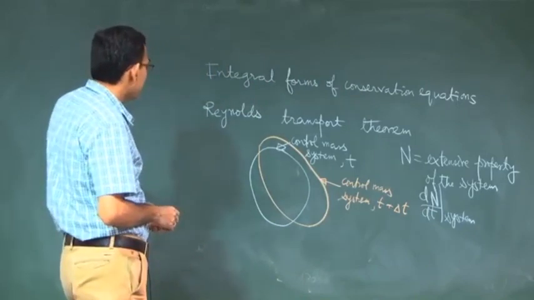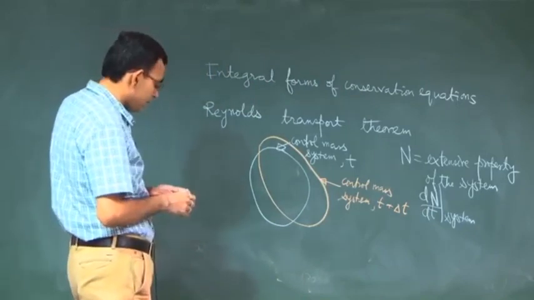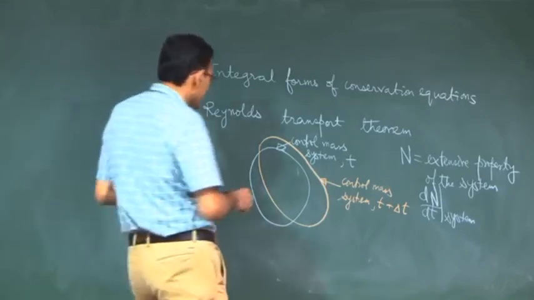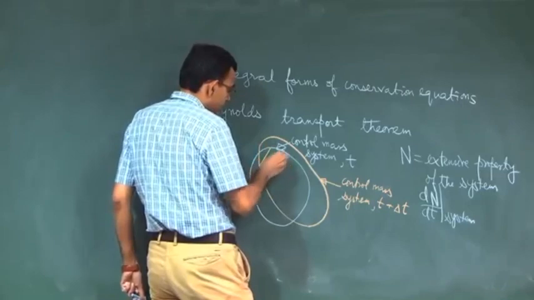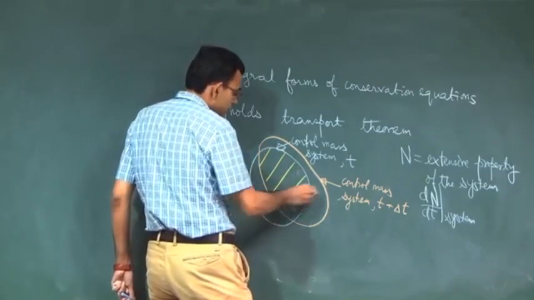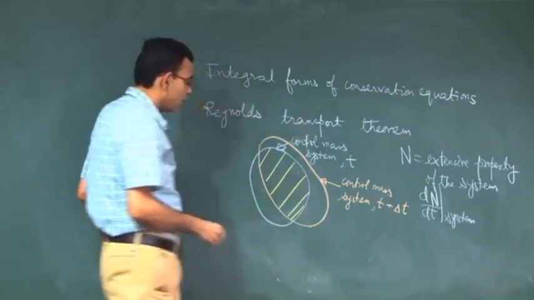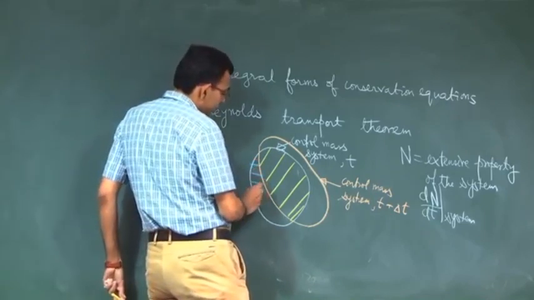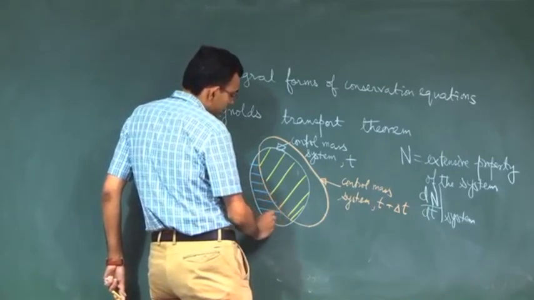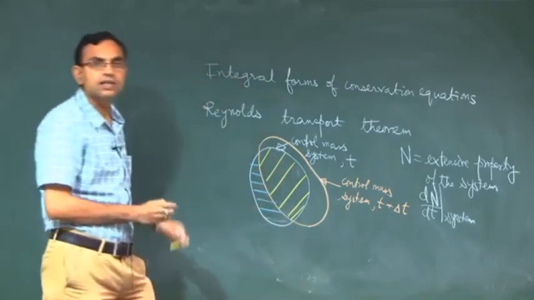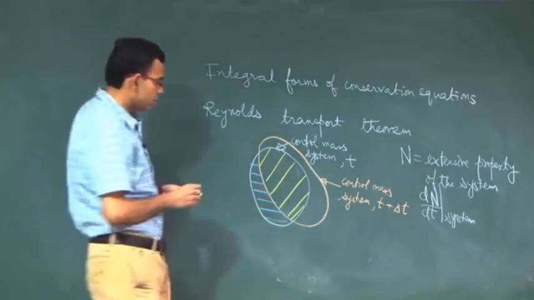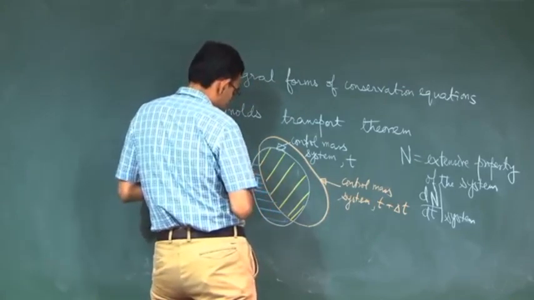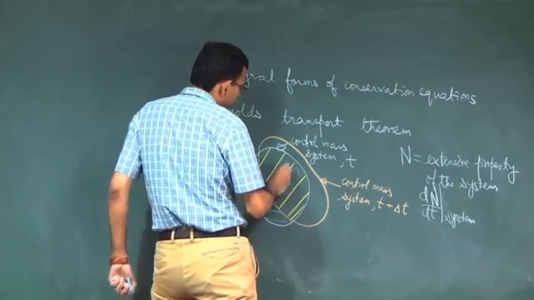So, let us say that at the time t, I will try to use as many color codes as possible. The system comprises this blue region and this yellow region. So, we give the name 1 to the blue region and name 2 to the yellow region.